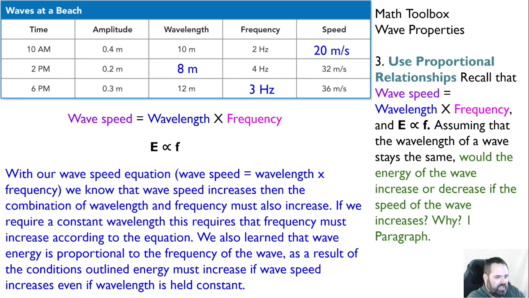The equation tells us that. We also learned earlier that wave energy is proportional to the frequency of a wave. As a result of these conditions, energy must increase if the speed of the wave increases, even if the wavelength is held constant.